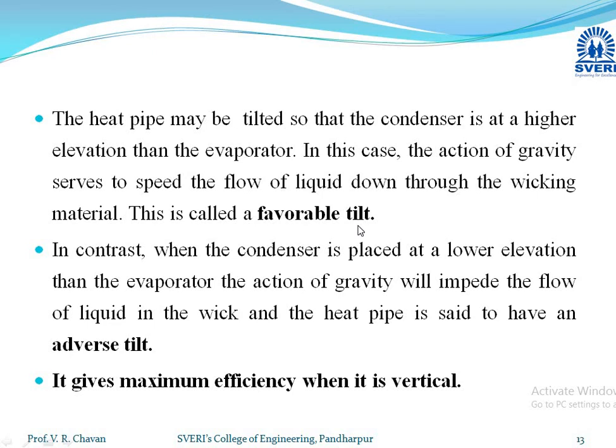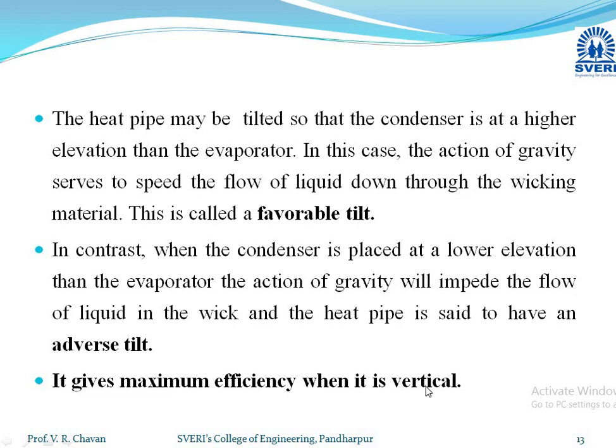In contrast, when the condenser is placed at a lower elevation than the evaporator, the action of gravity will impede the flow of liquid in the wick and the heat pipe is said to have an adverse tilt. It gives maximum efficiency when it is vertical.